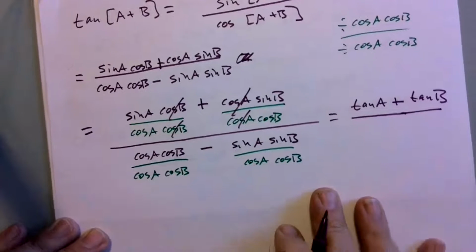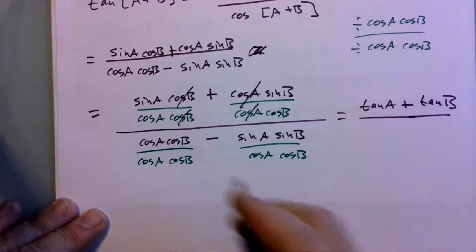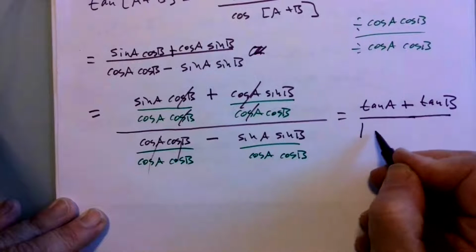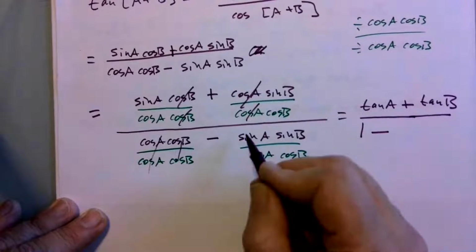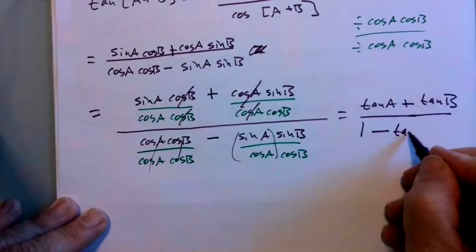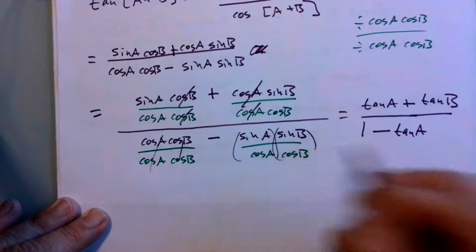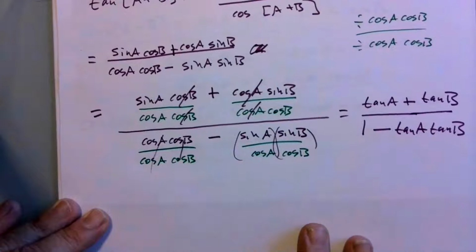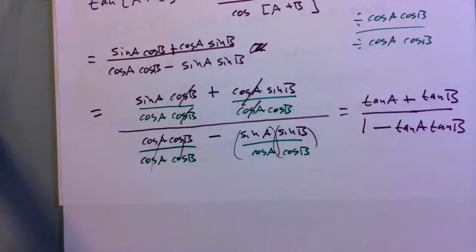And then we have cos a cos b over cos a cos b. That's just 1 minus sine a over cos a, which is tangent a, sine b over cos b, which is tangent b. So we were able to develop an identity for tangent a plus b.